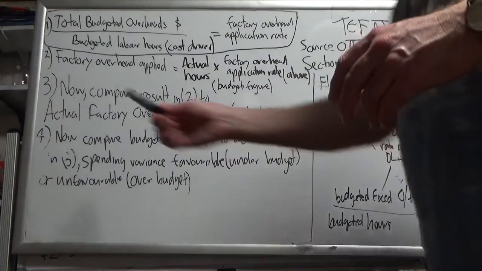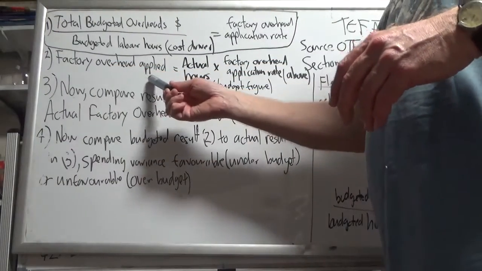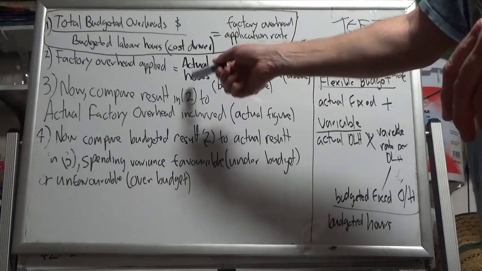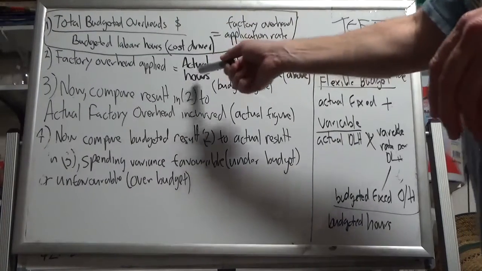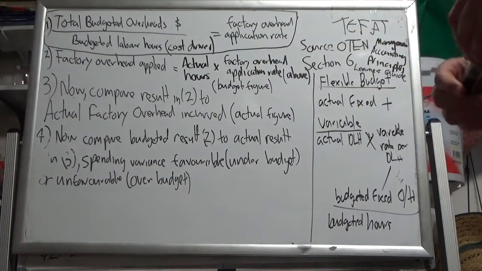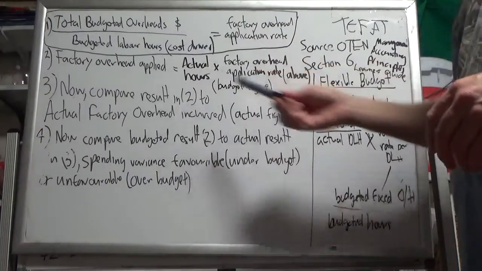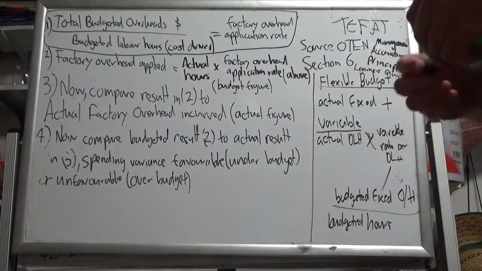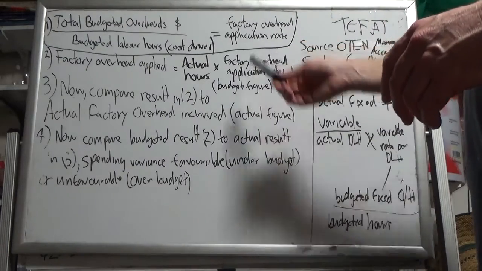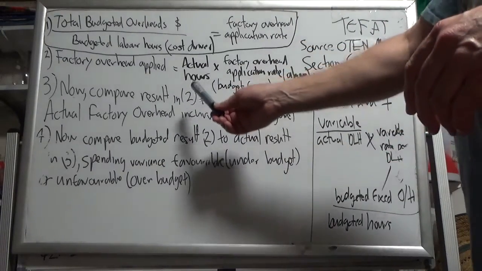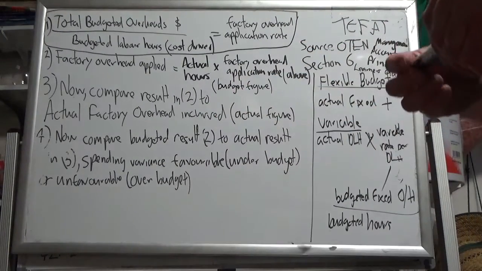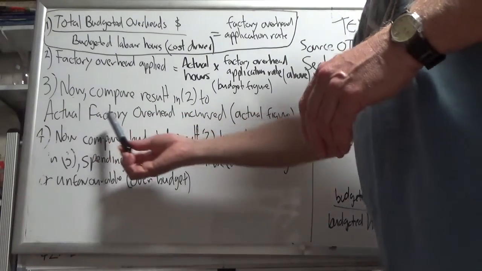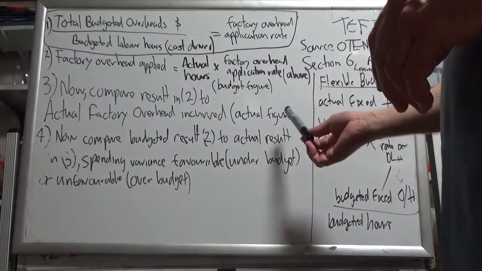Then you've got to find the factory overhead applied, which is given by this formula: actual hours, not budgeted hours, actual hours, multiplied by that rate in step one, the factory overhead application rate above. And that's sort of like a budgeted figure, okay? And that's actual hours. Now you've got to compare the result to the actual factory overhead incurred, the actual figure, right?